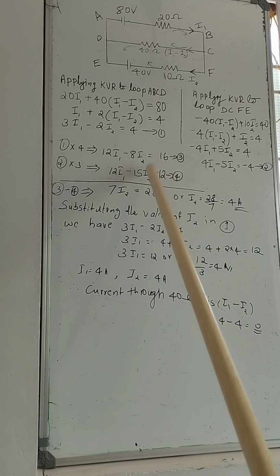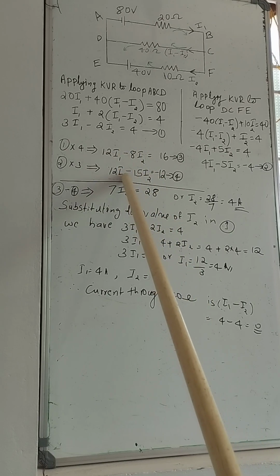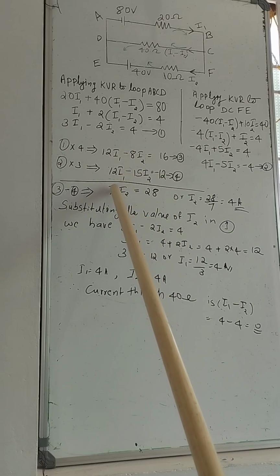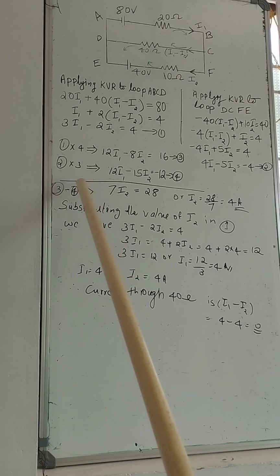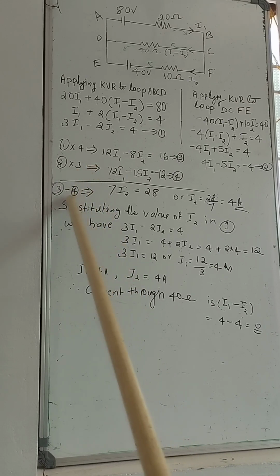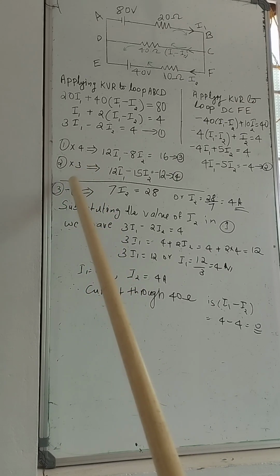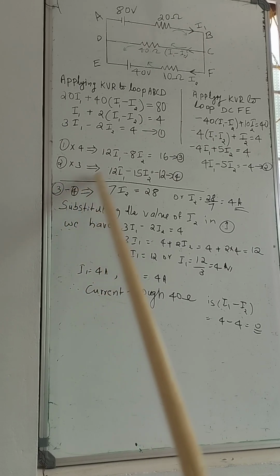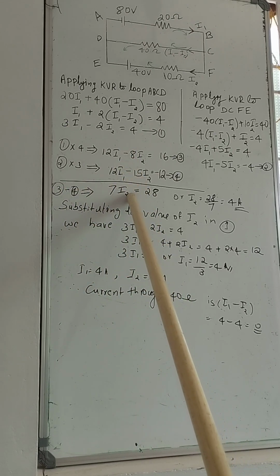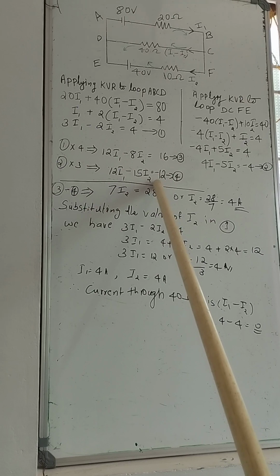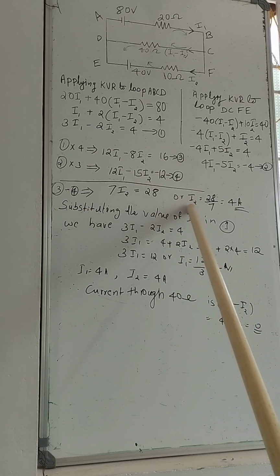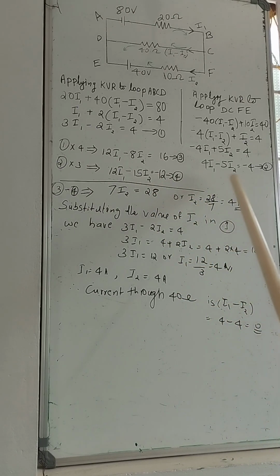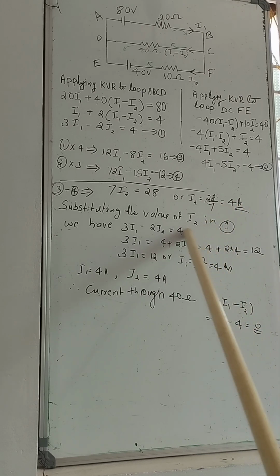Comparing 3 and 4, the I1 terms are similar, so we can eliminate I1 by subtracting one equation from the other. Suppose equation 3 minus 4, the I1 terms are eliminated, and we find I2. I2 is 4 ampere, and then we substitute the value of I2 in any of the equations.